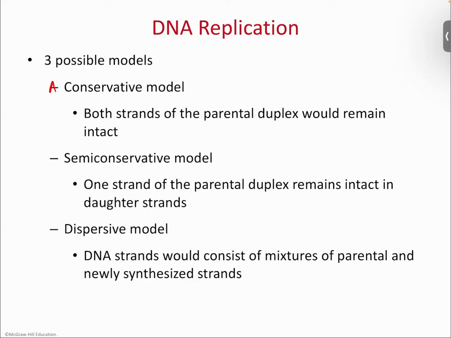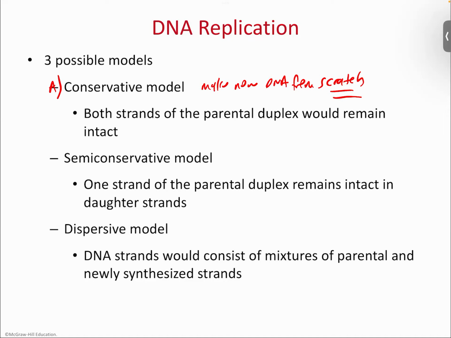Well, we have three different plans. The conservative model basically means that you would make the new strand from scratch. The old strand stays intact, and you make the new strand from nothing.